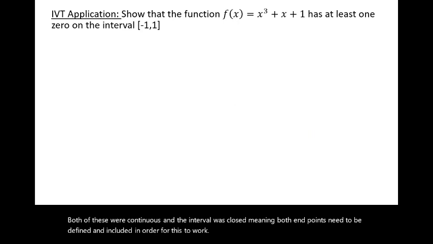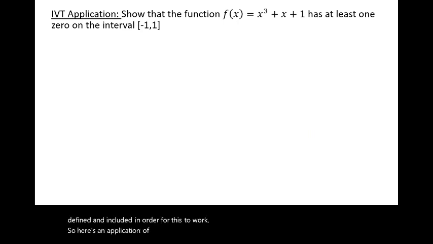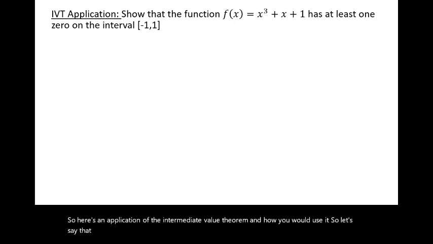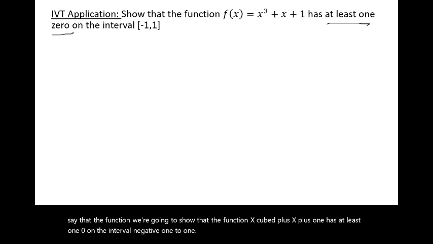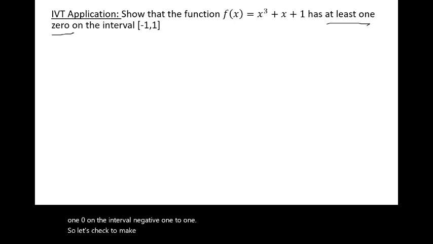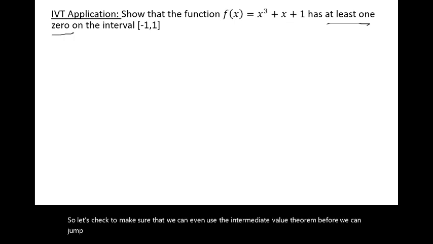So here's an application of the intermediate value theorem and how you would use it. We're going to show that the function x cubed plus x plus 1 has at least one 0 on the interval -1 to 1. Let's check to make sure that we can even use the intermediate value theorem before we jump into it. First condition, is this function continuous? Is f of x continuous? Yes, because it's a polynomial.